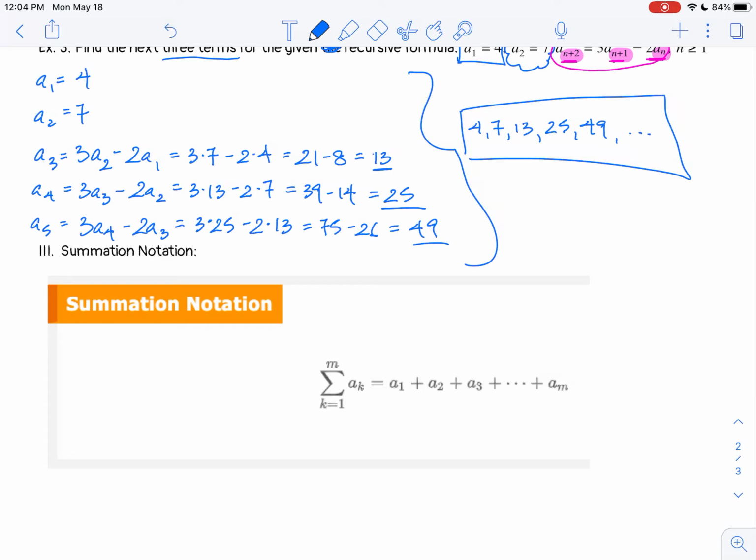Summation notation uses the Greek letter sigma. This part right in here, that is our sigma. Sometimes you hear summation notation also called sigma notation. Sigma notation and summation notation are the same thing.